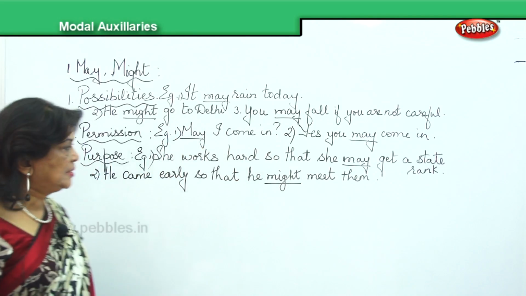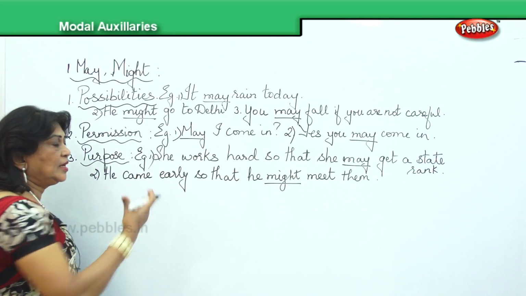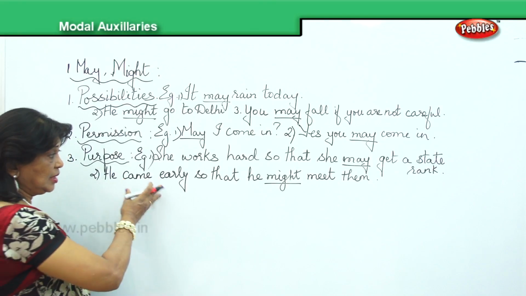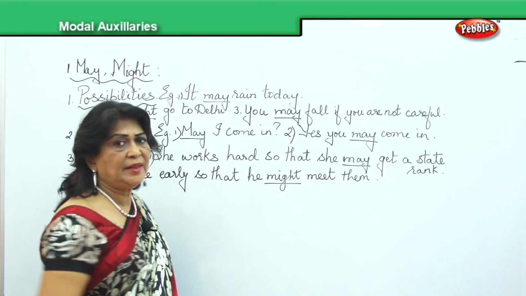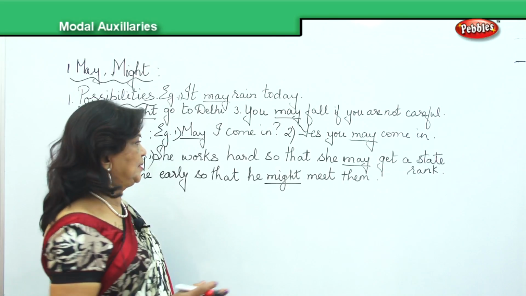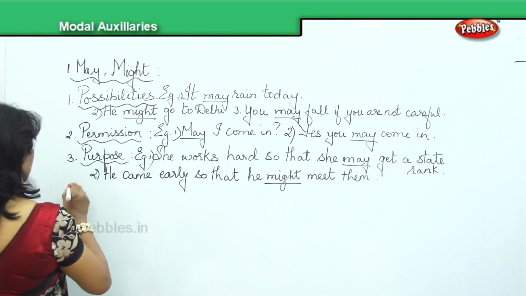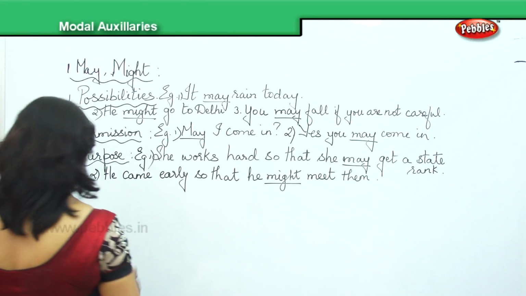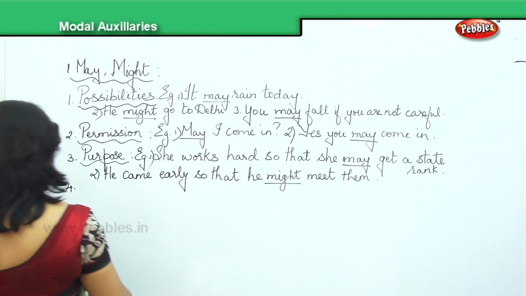So, here we see another purpose. Why did he come early? He came early so that he might meet them. So, there is a purpose for him to come. Next one, wish or prayer.